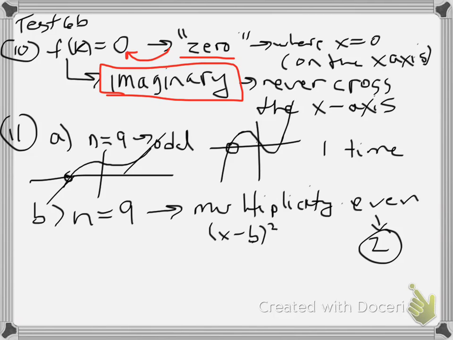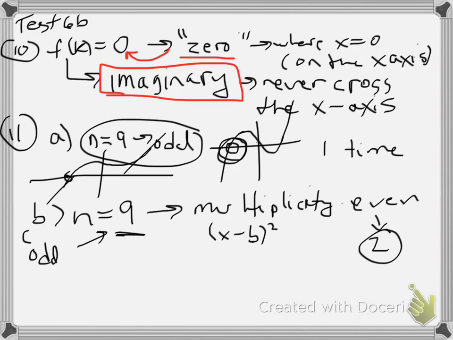Now, there's another problem. Remember we just talked about if it's odd, it has to cross once. So if I'm going to cross once, that has to be an odd degree, and the lowest odd degree is 1. So if I go 9 minus 1 is 8.